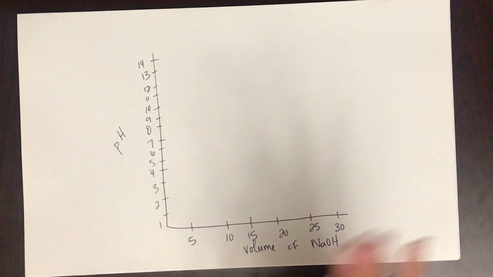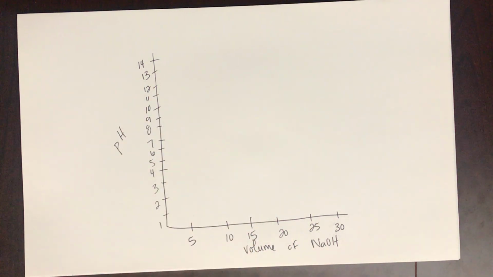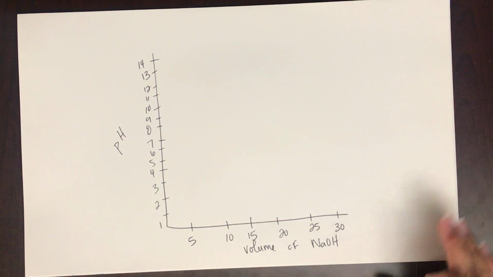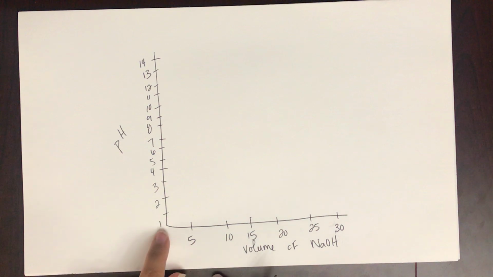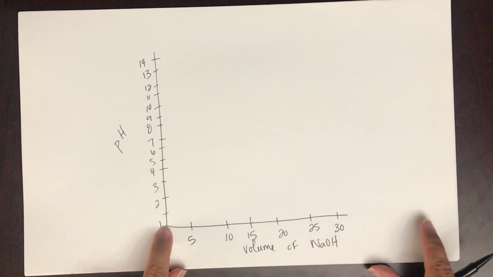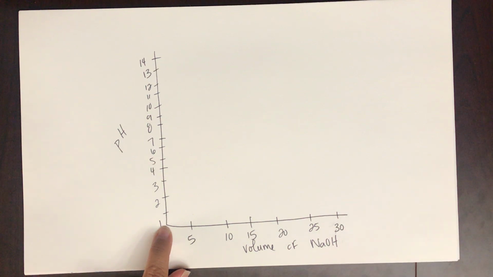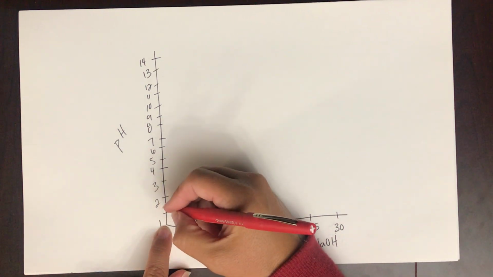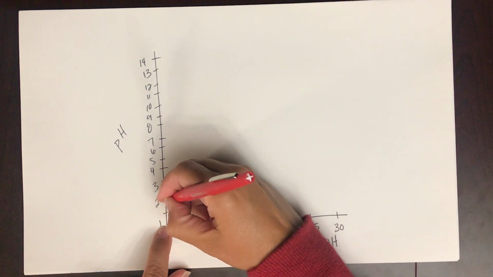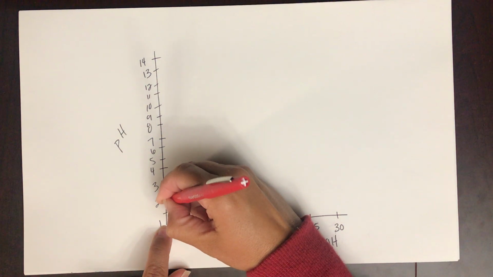Okay, so here's my graph. This is the pH. This is the volume of sodium hydroxide added. When we have added 0 milliliters of sodium hydroxide, the pH is 1.86. So I'm going to put it right here.